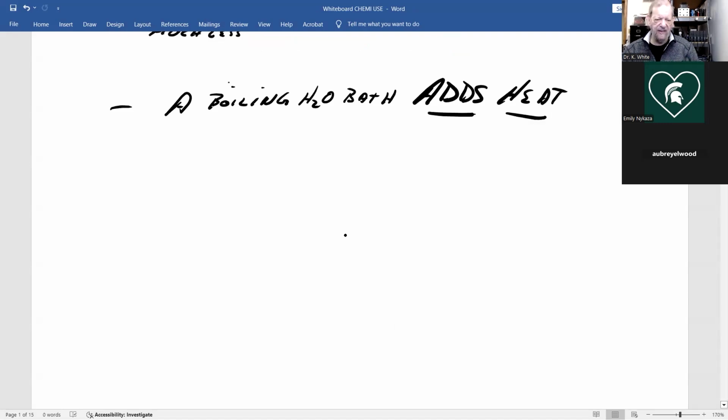That adds heat. If you put a reaction in an ice bath, that removes heat.